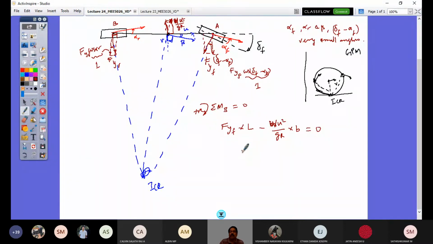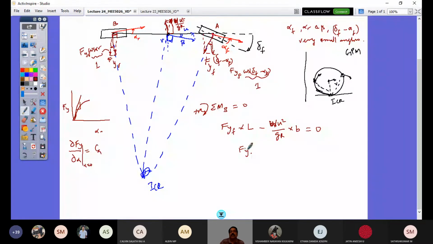So I would have now Fy F. What is Fy F? By the way, let us substitute Fy F. We had looked at Fy F as a function of the slip angle alpha, and the variation goes something like that, and the definition of Fy by delta alpha at alpha equals 0 defines C alpha.